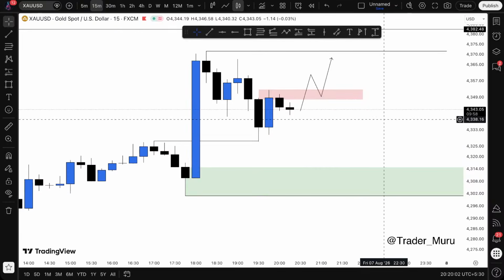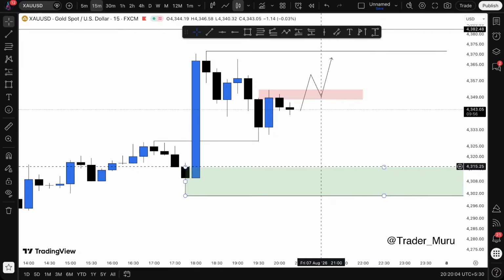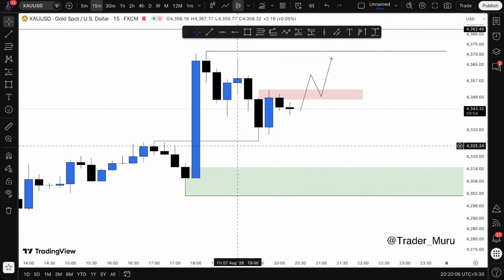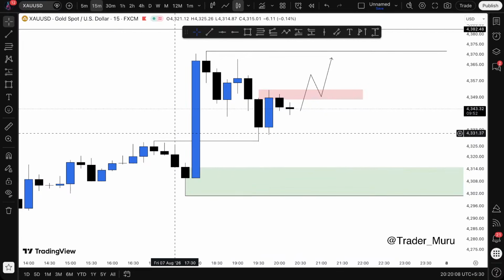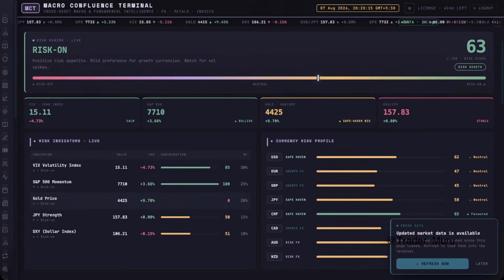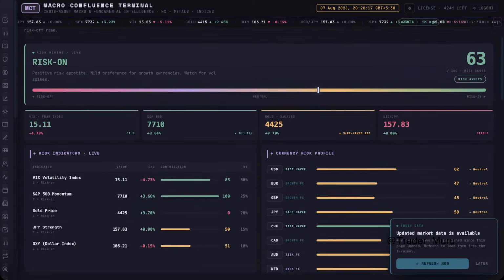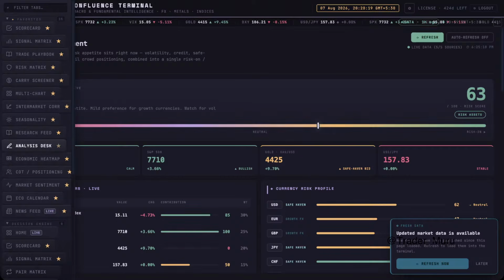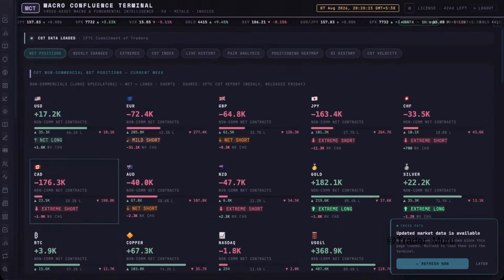Okay, so that's it for this week, guys. See you on Monday with this weekly closing confirmation. According to fundamentals, gold is bullish right now, and we have to watch for a buy setup if we get a confirmation here.